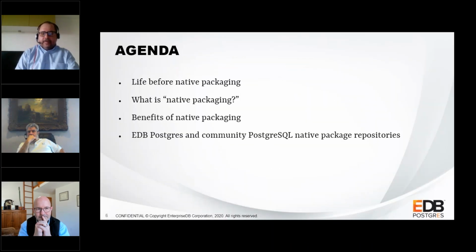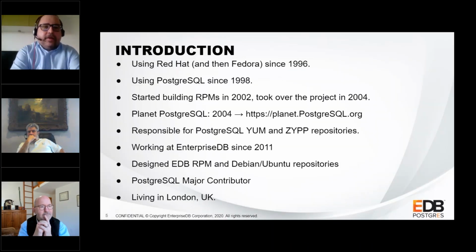Thanks, Molly. Hi, everyone. Let me first introduce myself. I started using Red Hat around 1996. Actually, unlike many other people, I started using it on desktop first and then switched to server. And then I started using Postgres in 1998 and started building the Postgres RPMs in 2002.